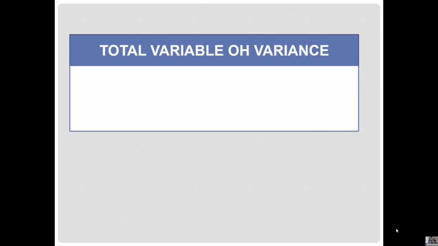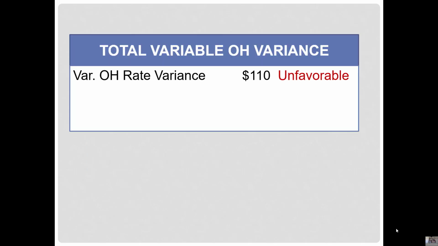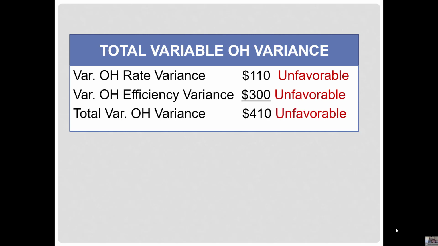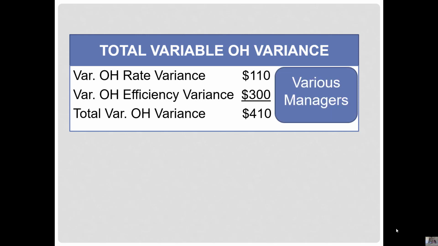If we summarize our variable overhead variances, our rate variance was $110 unfavorable. Our efficiency variance was $300 unfavorable. So we spent $410 too much on our variable overhead costs. This will be the responsibility of various managers, so we won't be holding you accountable for that.